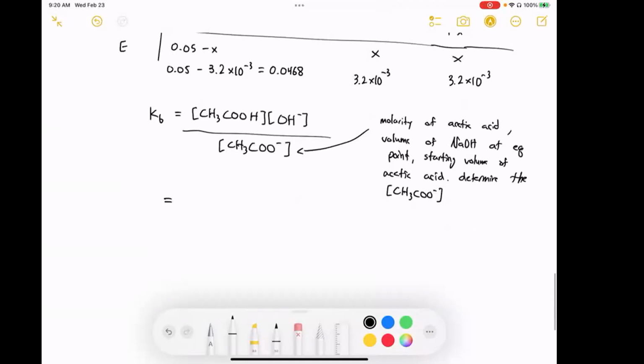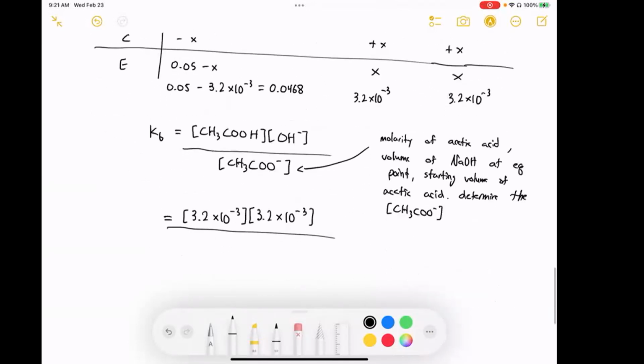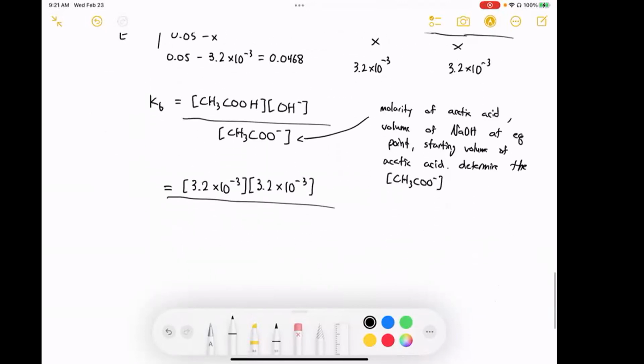So for the acid, we have 3.2 times 10 to the negative third right here, and it will be the same for hydroxide ion. And at the end here, we get the molarity that we started with, 0.05 molar. Oh, sorry, not 0.05, right? We found the equilibrium concentration, and that was 0.0468.